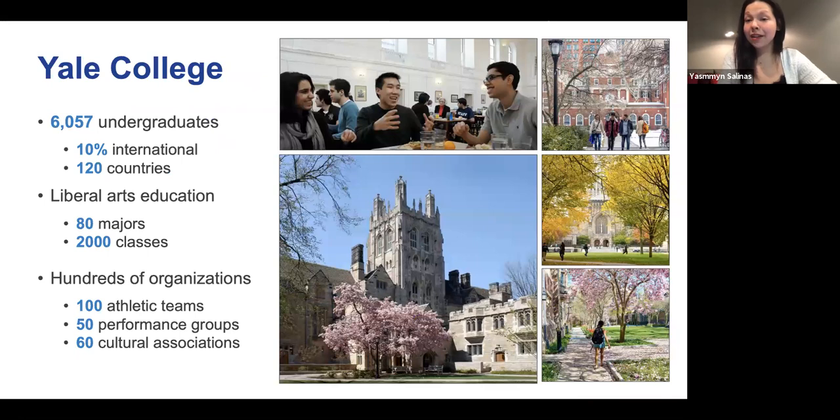So here's a little bit about Yale College. Yale College has approximately 6,000 undergraduates, and students come here from all over the world. About 10% of our population is international, and we have representation from over 120 different countries. Yale is known for its commitment to what we call a liberal arts education.